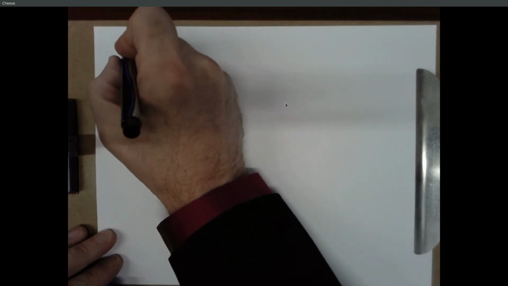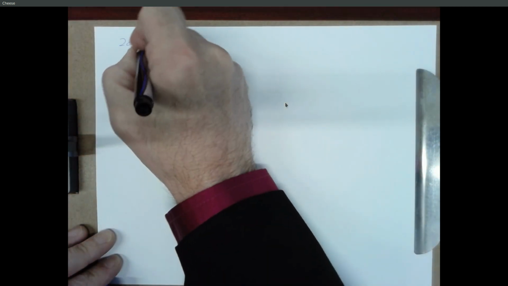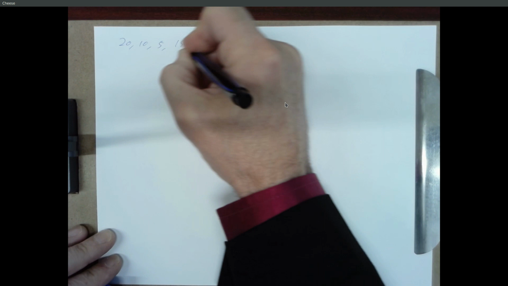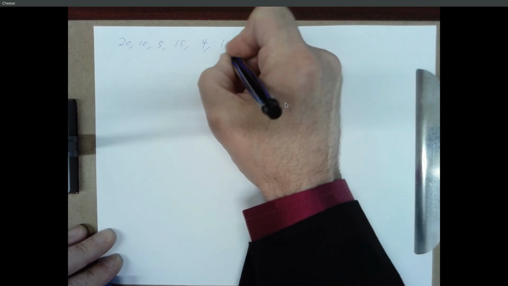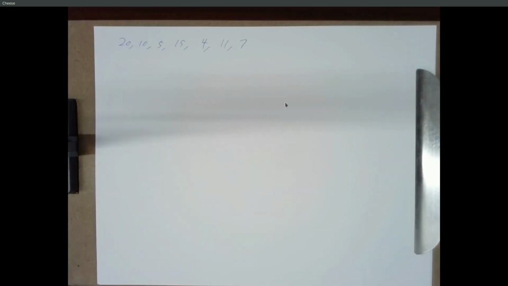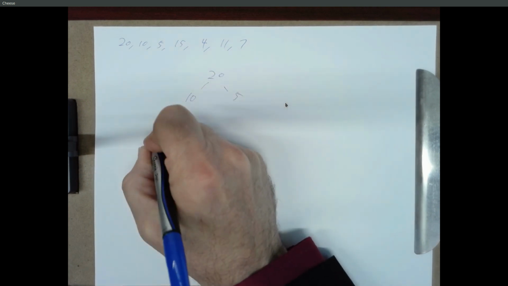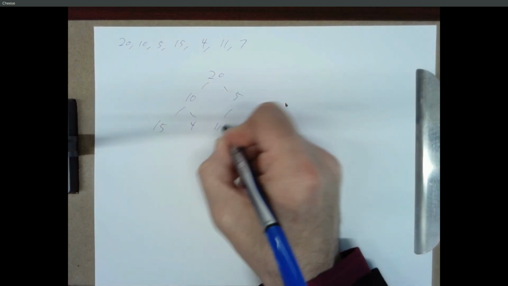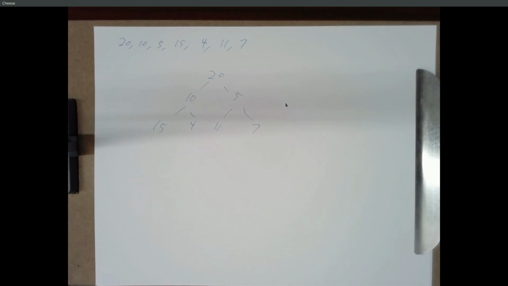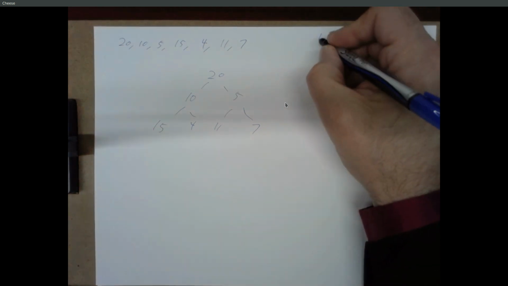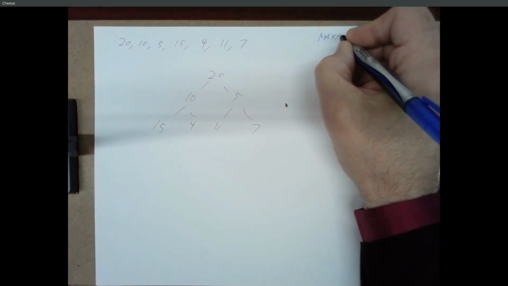Let's say we want the numbers 20, 10, 5, 15, 4, 11, and 7. First thing we're going to do, we're just going to throw these into a heap shape: 20, 10, 5, 15, 4, 11, 7, without any regard for the heap property of each node. And remember, we're talking max heaps.